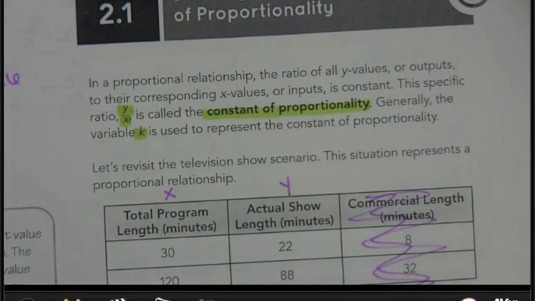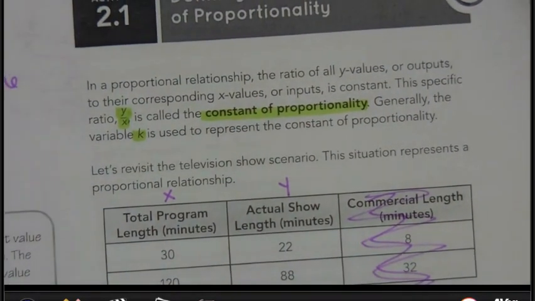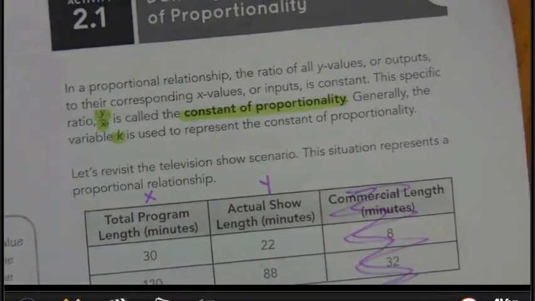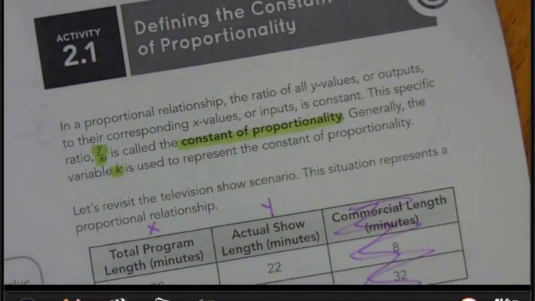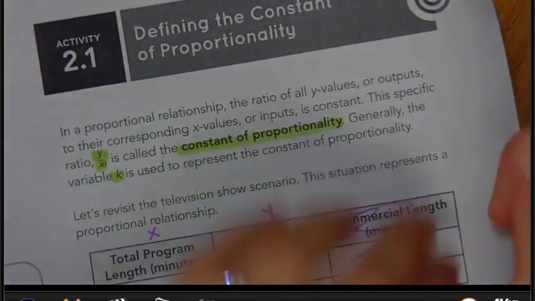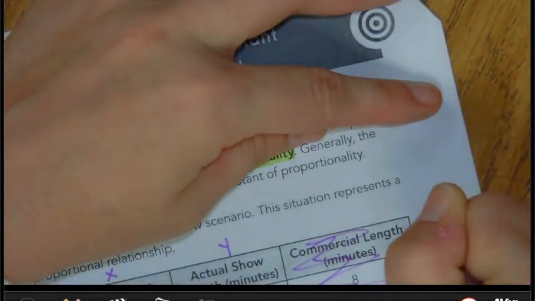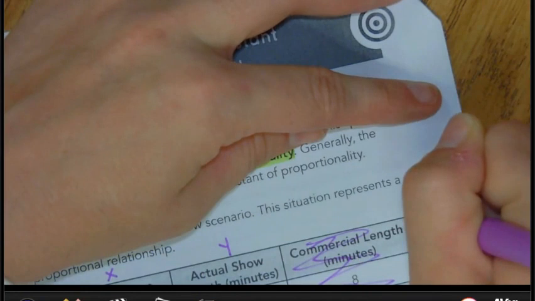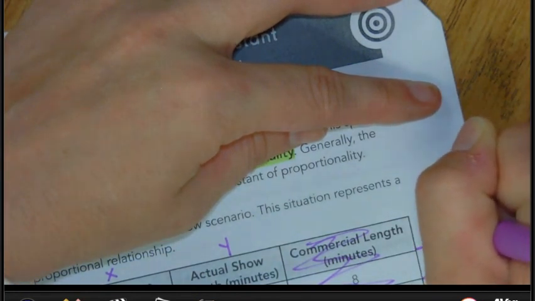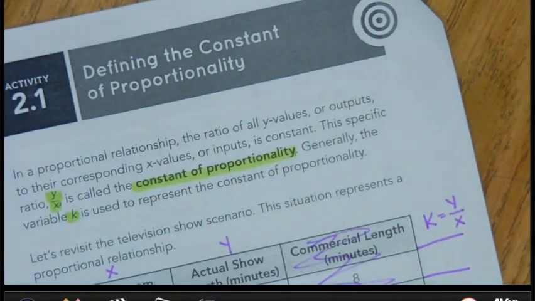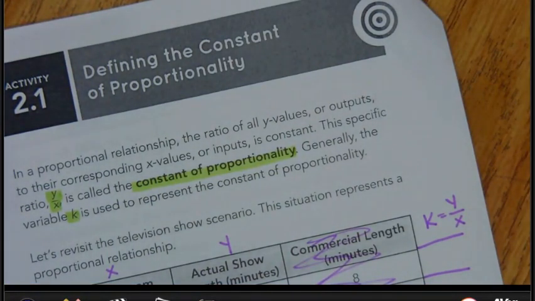Identify the input and output quantities of the scenario. Let's go ahead and get our K column here, and remember that K is Y over X. I would love for you to take just a second and create your K column.